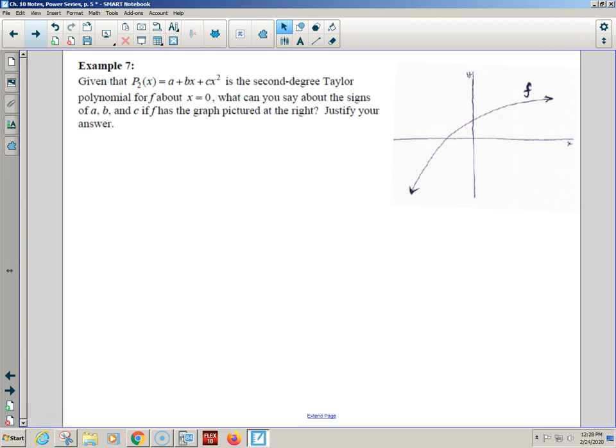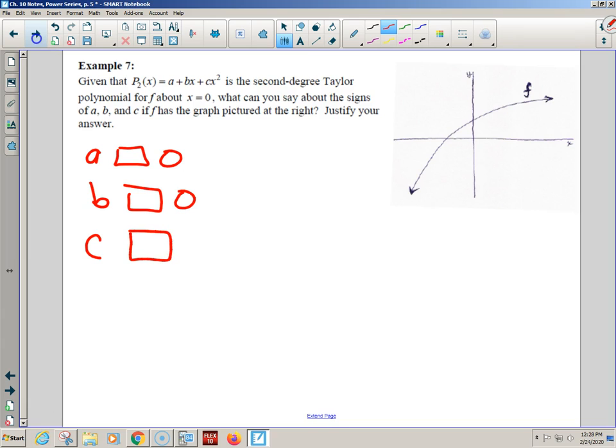Okay, second degree Taylor polynomial for some function f, about x equals 0. What can you say about the signs of a, b, c if f has the graph pictured at the right? Greater than, less than, or equal to. Who's A, according to what I know about Taylor polynomials?